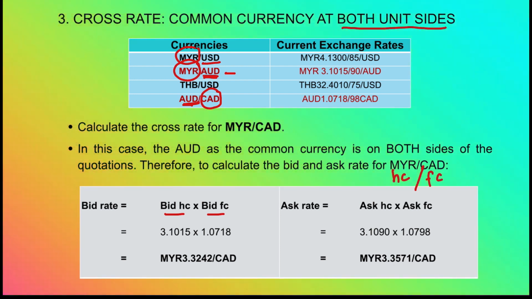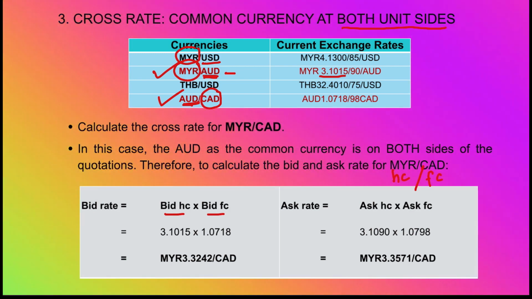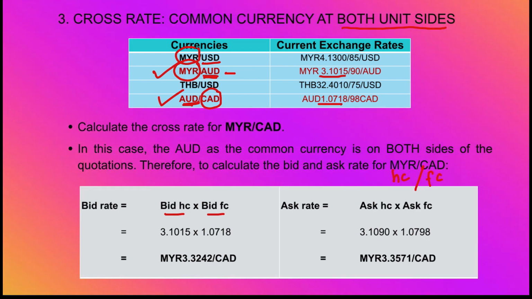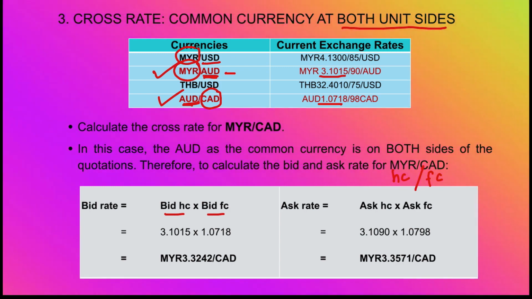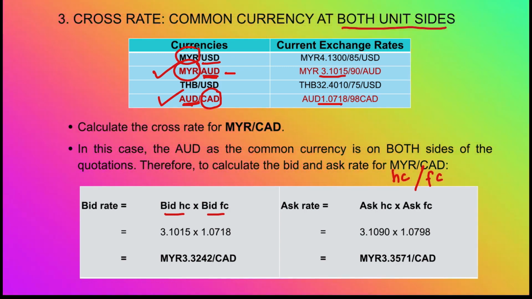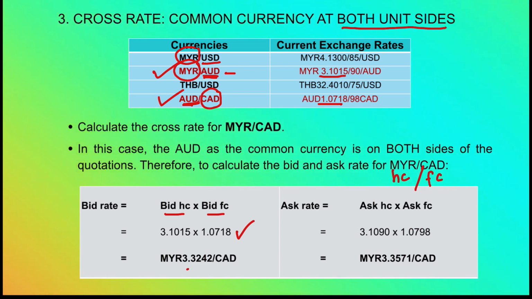So 3.1015 times 1.0718, you will get Malaysia ringgit per Canadian dollar of 3.3242.